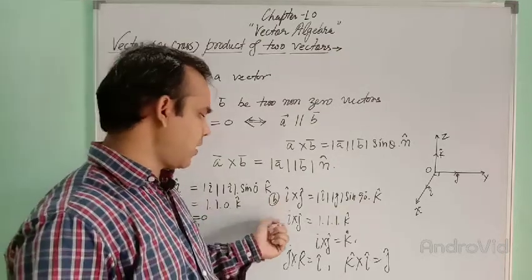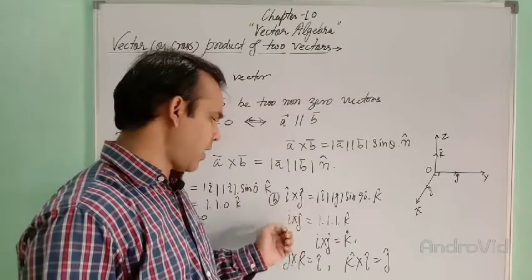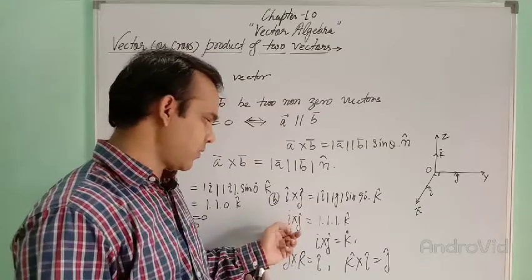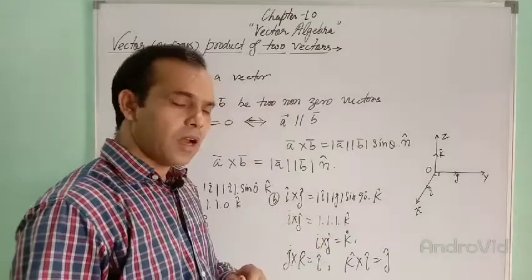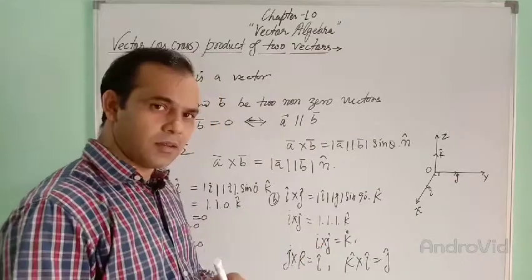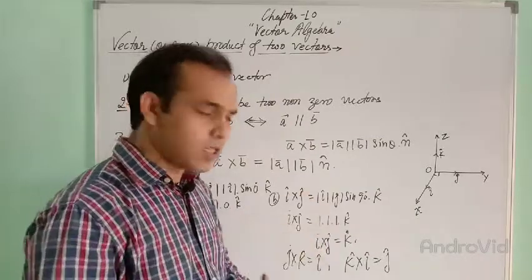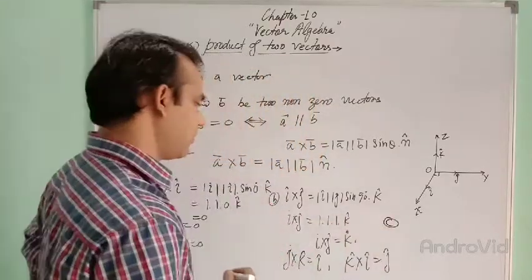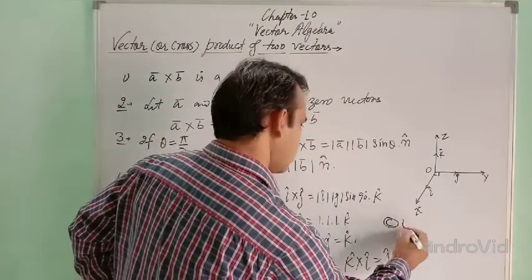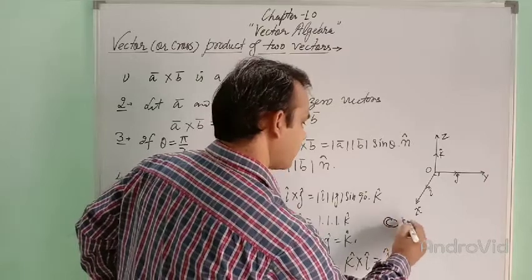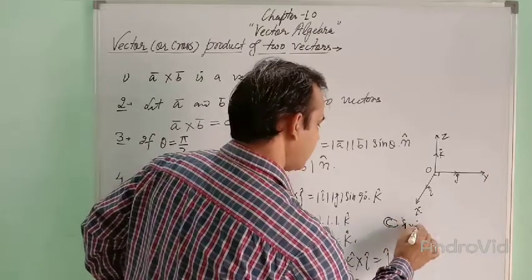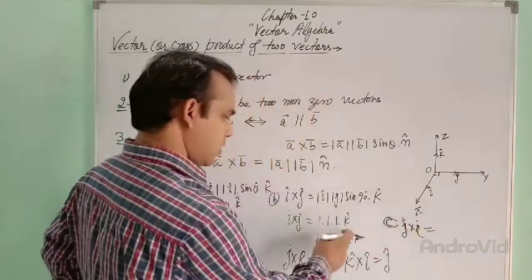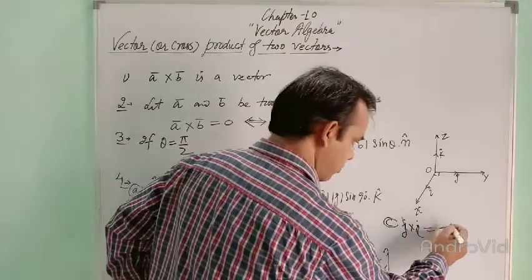Here I am multiplying i to j by i cross j, so we are getting k, and if we multiply j cross i, the direction will be changed. Let's suppose it is the point C. Since i cross j is equal to k, j cross i equals minus k.